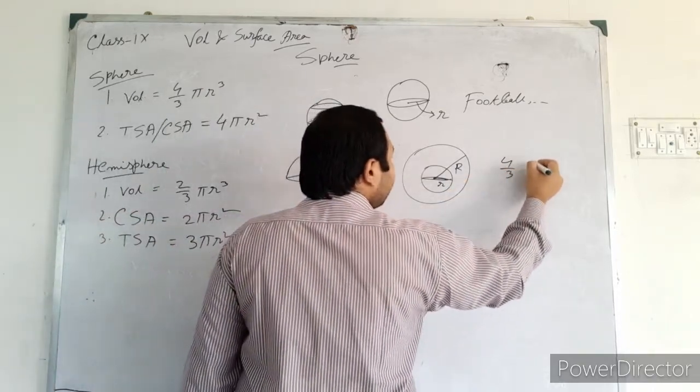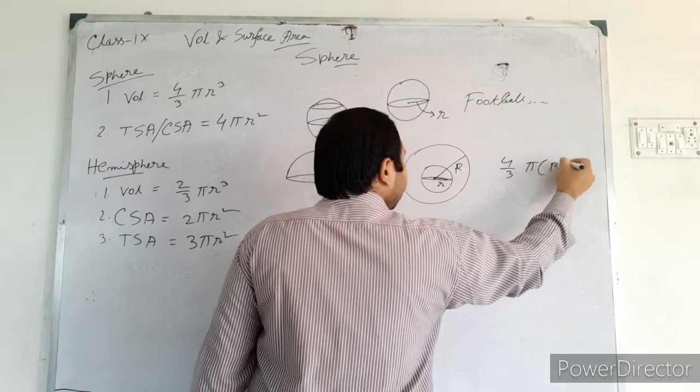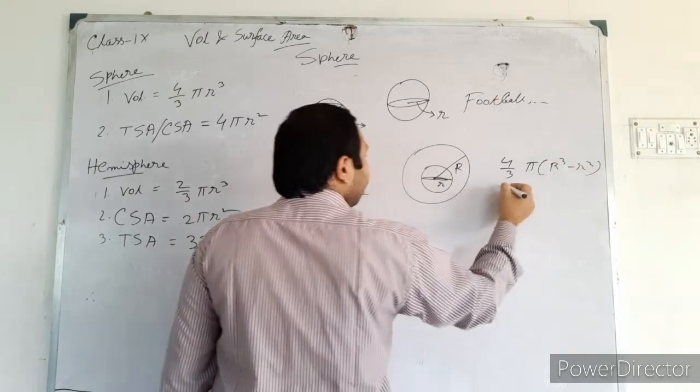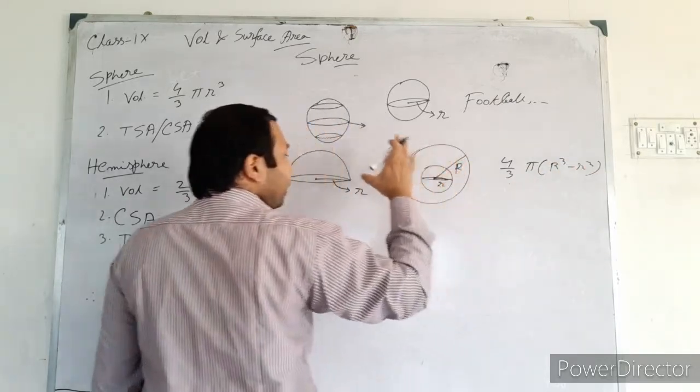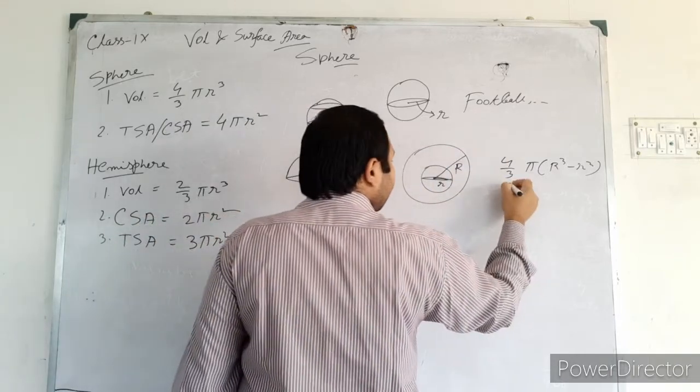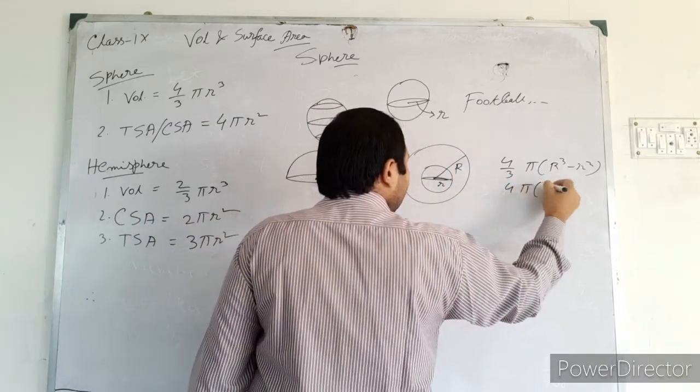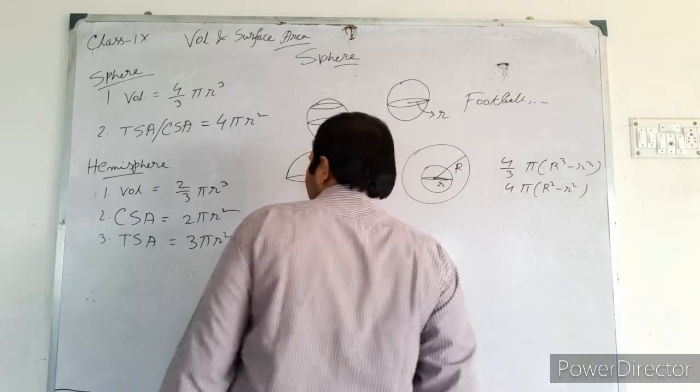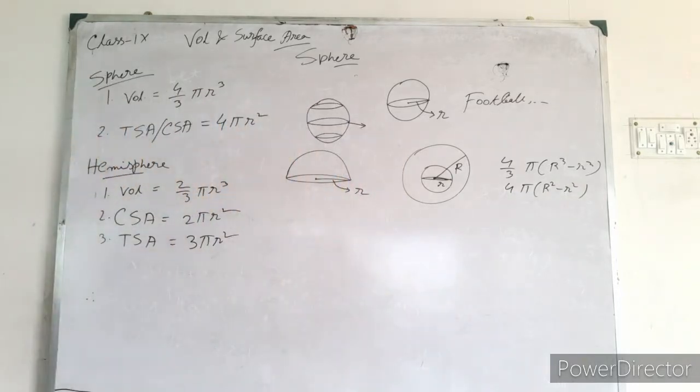So here the volume will be 4/3 pi (R cube minus r cube). Then the surface area of this one will be 4 pi (R square minus r square), like that. Okay, whenever we do the math, we will see those types of problems. So those are all the important formulae for the spheres.